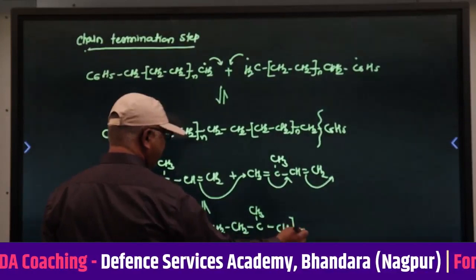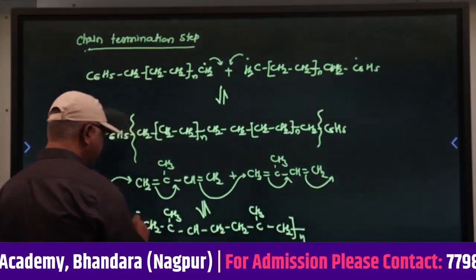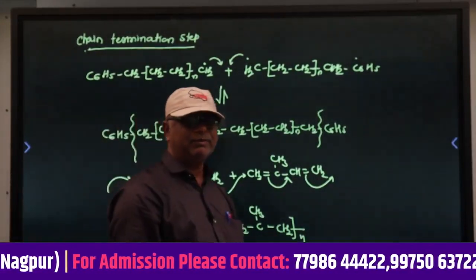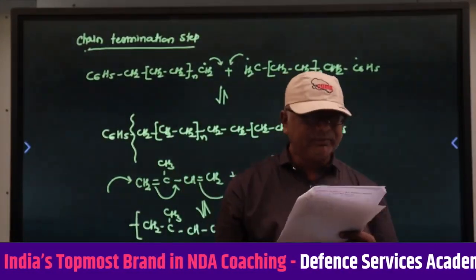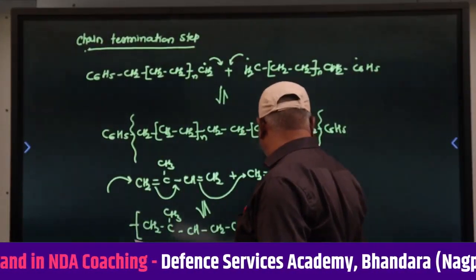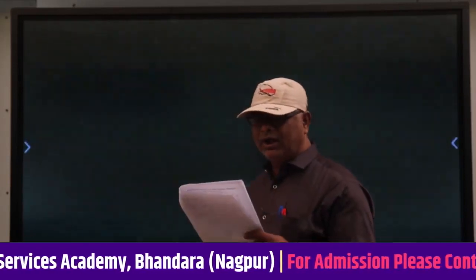And in this way, cadets, by n, this polyisoprene is obtained. Polyisoprene.